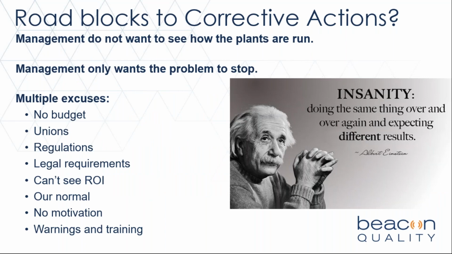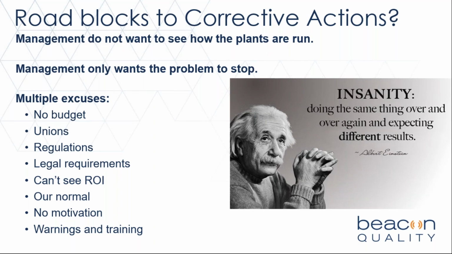Roadblocks. This is something a lot of quality managers across the world face. They do want to do a good job. They do want to have good corrective actions, but there's a lot of resistance at different levels, especially at management level, because management only wants to stop the problem, and they do not see the full picture.